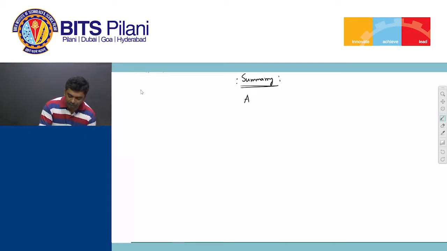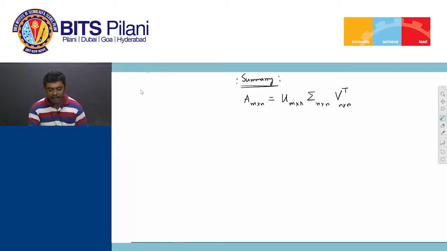We have an m by n matrix that is decomposed into three pieces: m by r, sigma r by r, and v transpose r by n. Typically the value of r is much less than m, so these r's are nothing but concepts that we learn.